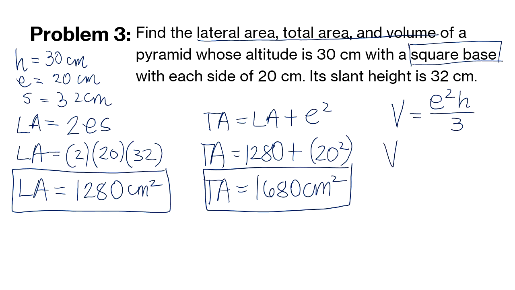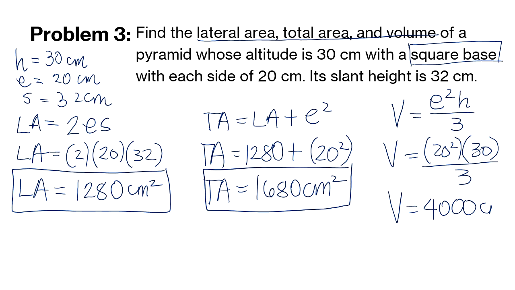And for volume, we have edge squared, that's 20 squared, times the height, which is 30 centimeters, all over 3. For volume, we get 4,000 cubic centimeters.